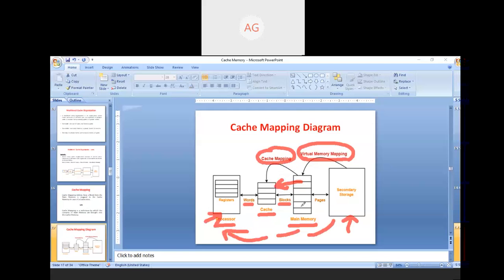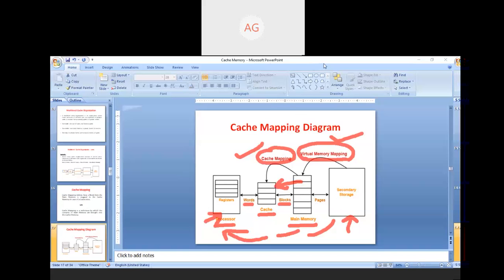The mapping which takes place from the main memory to the cache memory is called cache mapping, and in the same way, the mapping which takes place from the secondary storage to the main memory is called virtual memory mapping. So just remember this diagram. It is very important from the theory point of view. Whenever you are asked any question related to memory, you can just draw this diagram. This diagram explains all the concepts of memory.